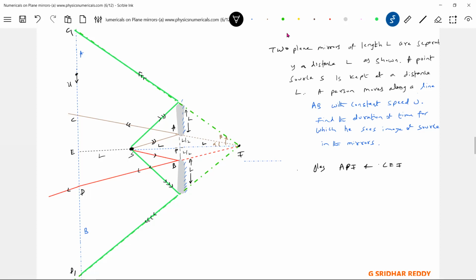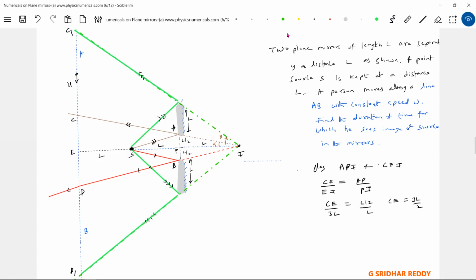So tan alpha is CE by EI, which should be equal to AP by PI. CE we don't know. EI is 3L, AP is L by 2, PI is L. So CE should be equal to 3L by 2.